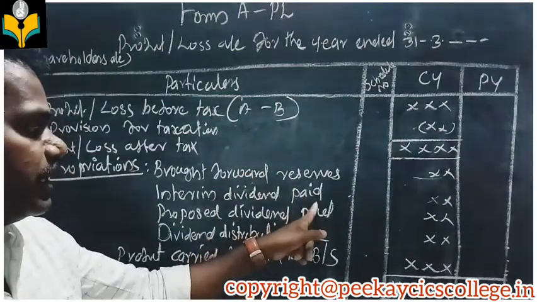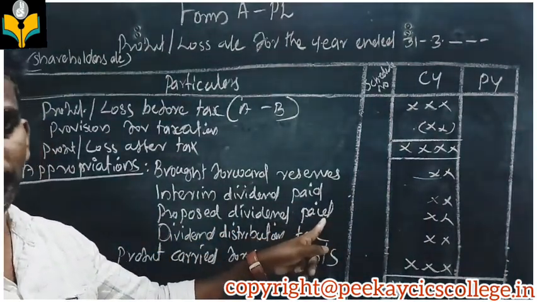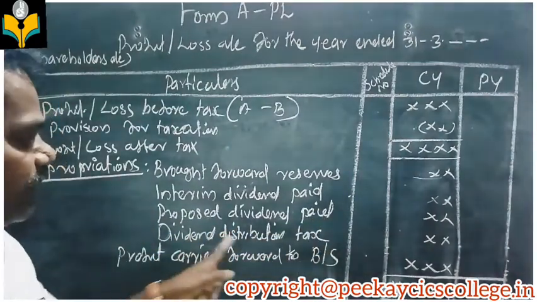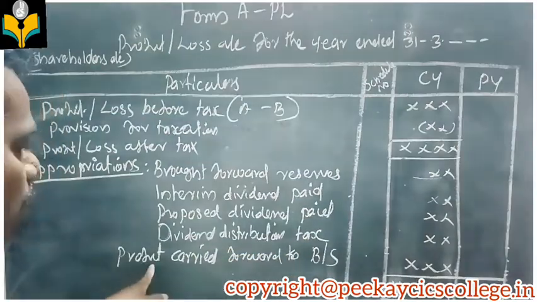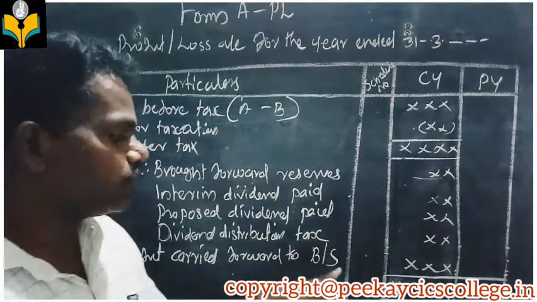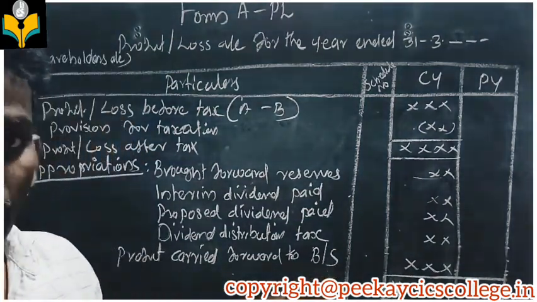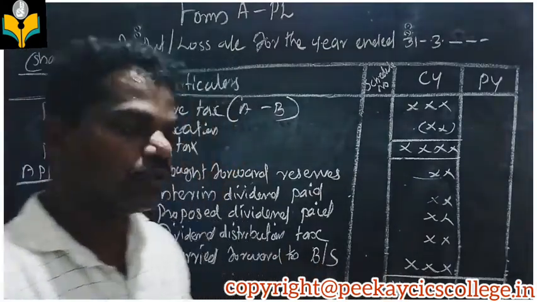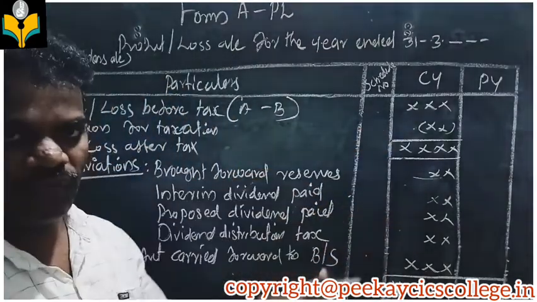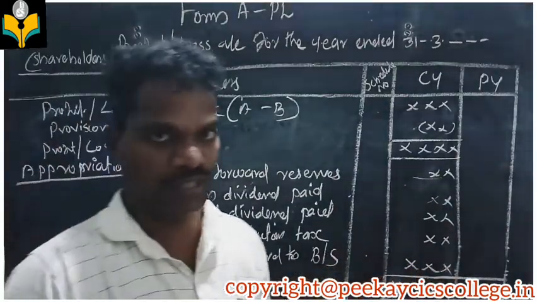So interim dividend paid, proposed dividend or final dividend paid, then dividend distribution tax, and also profit carried forward to balance sheet. Balance sheet is a part of the financial statements of life insurance companies. So the balance of the profit and loss account should be carried forward to balance sheet.